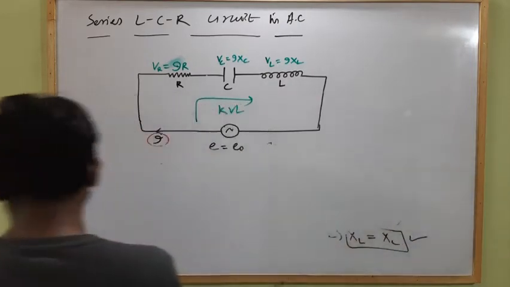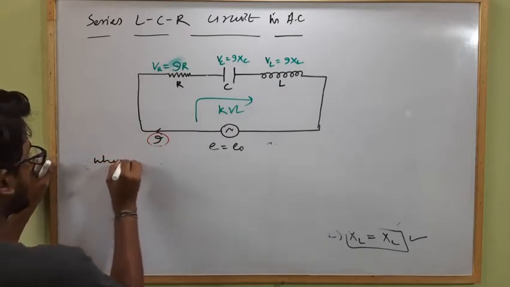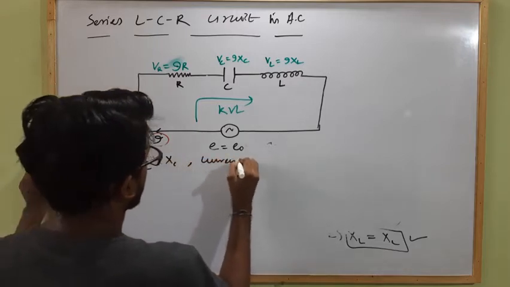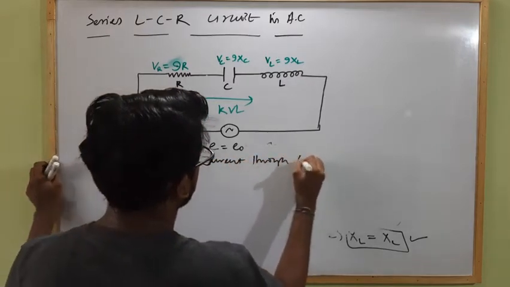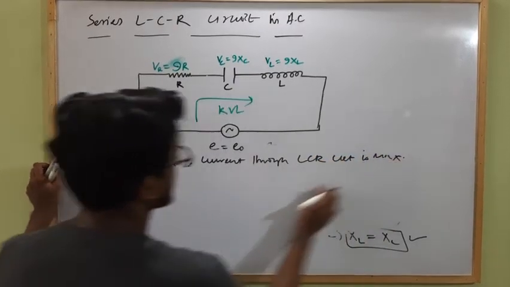When XL equals XC, current through the LCR circuit is maximum.